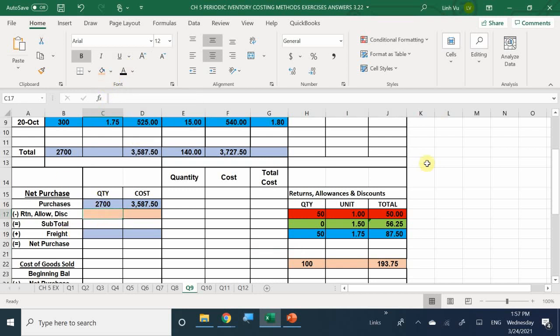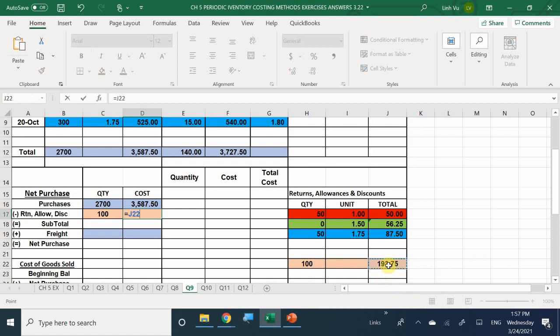Okay, so my returns and allowances is going to be for the 100 items at 193.75. So what is going to be my subtotal here? 2,633.93.75. Okay, we're going to subtract them because we no longer have them.